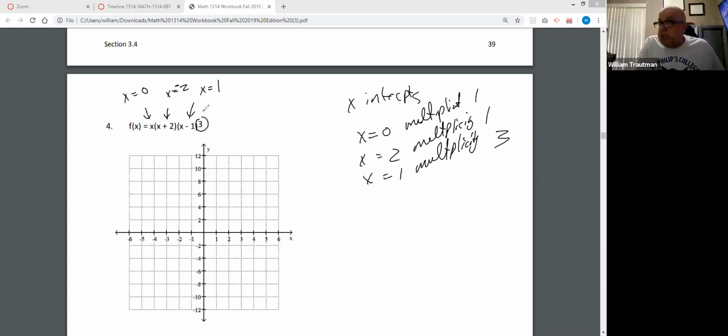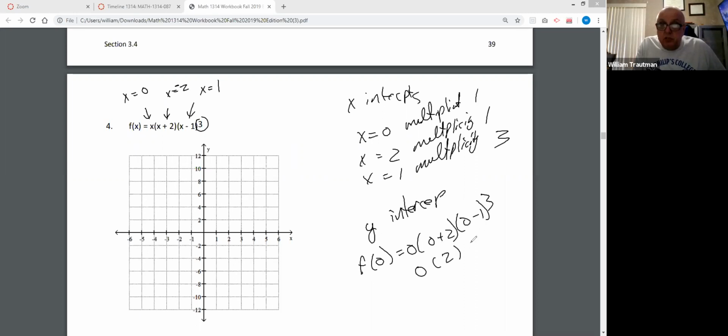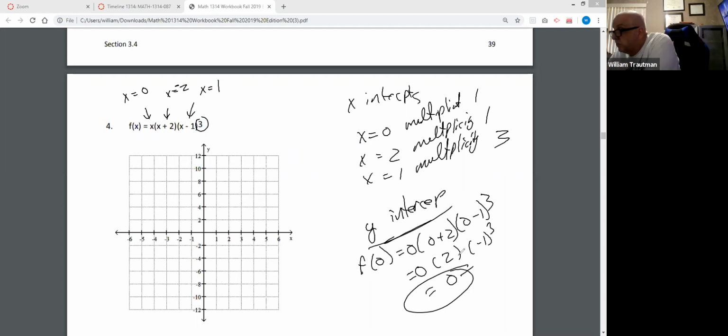The only thing we need to do now is find the y-intercept. Y-intercept is when we change all the x's to 0. 0 times 2 times -1 to the third power. When you multiply 0 times anything, you get 0. So our y-intercept is 0.